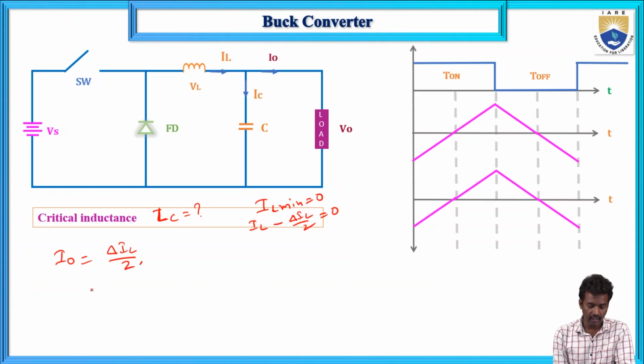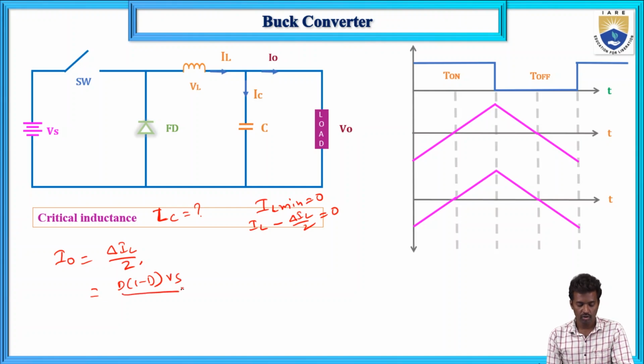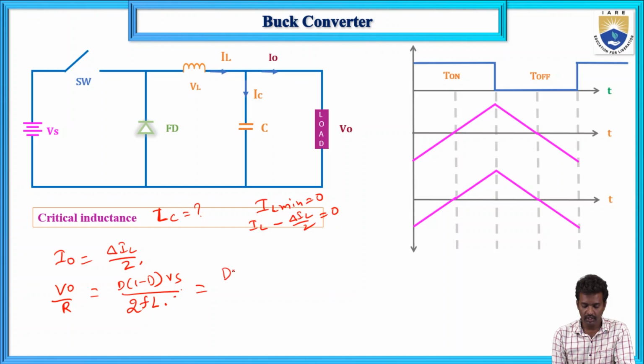So here del IL is already D into 1 minus D into Vs by F into L, and there is again a 2. And next V naught by R equals, so V naught means D into Vs divided by R. So this Vs and this one get cancelled.